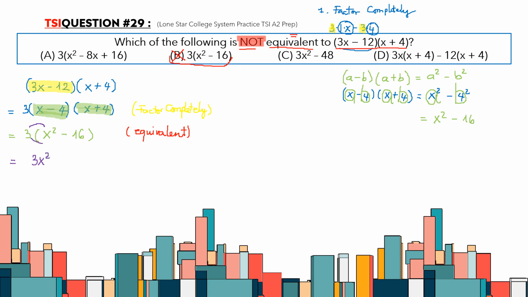Then we have 3 times negative 16, that's negative 48. So now it has become the polynomial form.